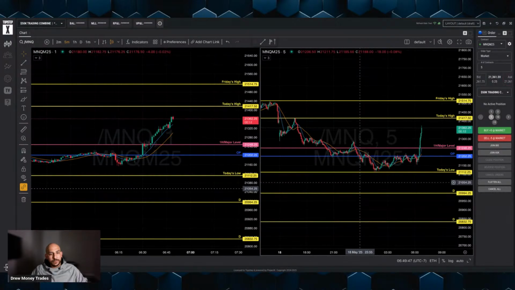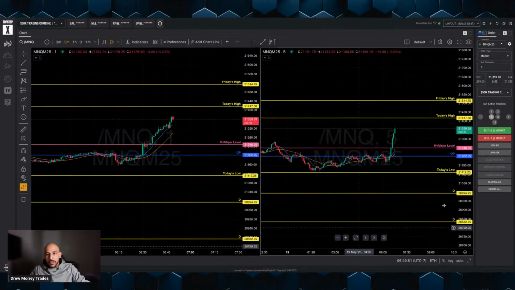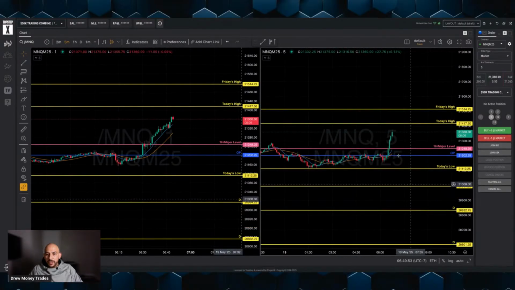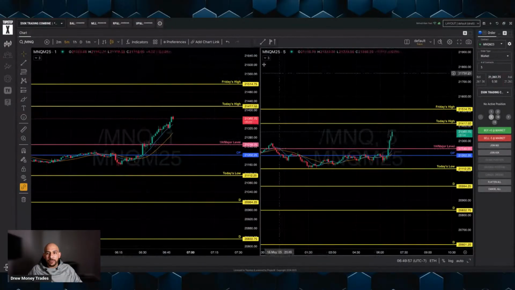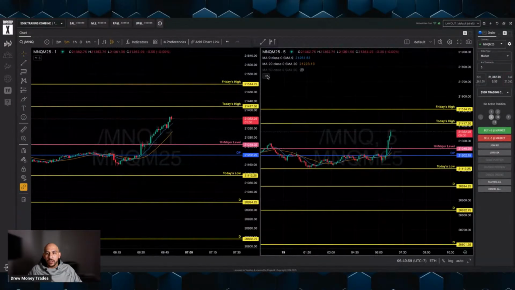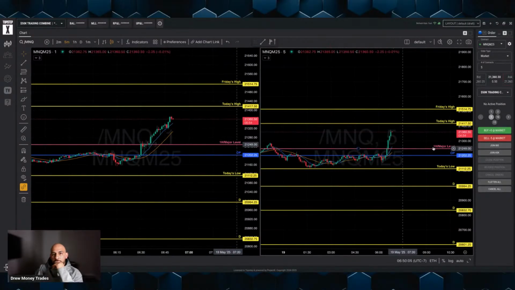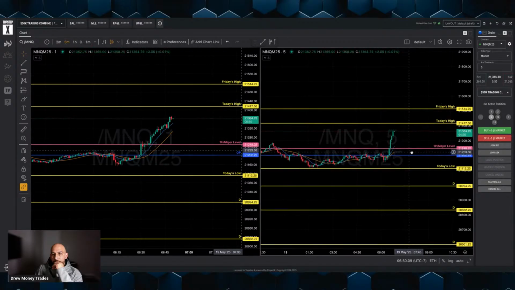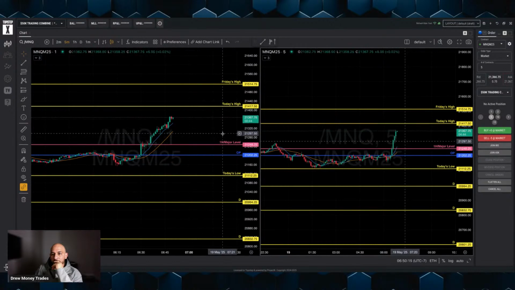And to be fair, if you look at the 5 minute, I have the 9 and 20 EMA up. On the 5 minute, the 9 EMA is perfectly on my major support area, or major level. So that would be a huge opportunity to go long, but it looks like price is pumping.